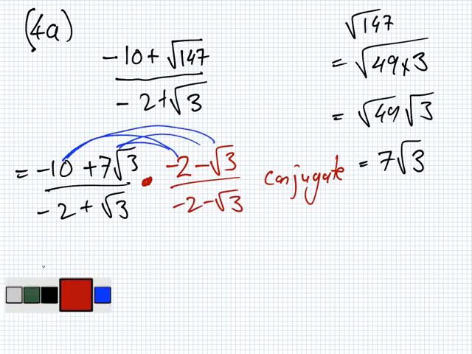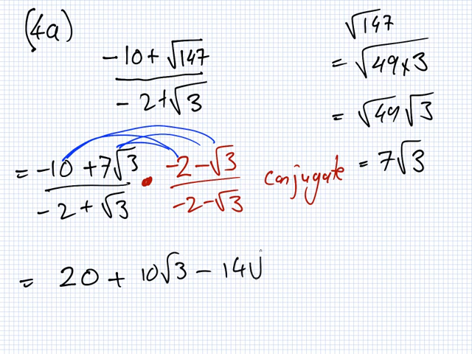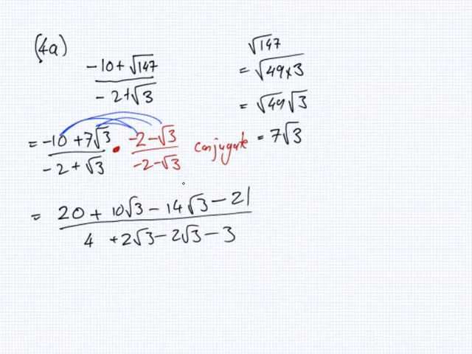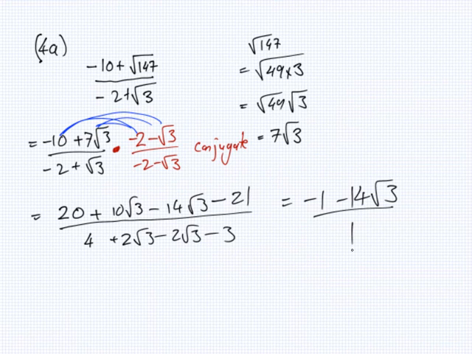On the top we'll get 20 plus 10 root 3 minus 14 root 3 minus 21, all over 4 plus 2 root 3 minus 2 root 3 minus 3, equals minus 1 minus 14 root 3 all over 1.